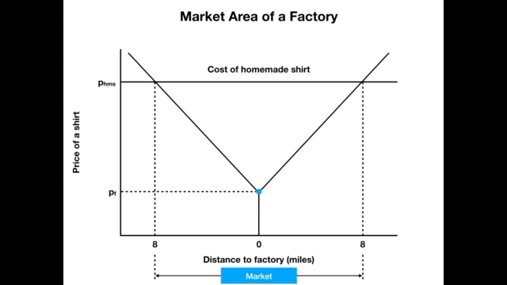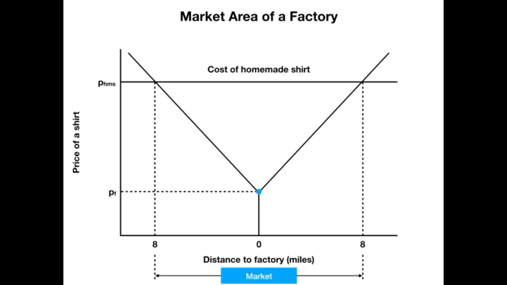So on 8 miles either side of the factory, or if you do this as overhead, an 8-mile radius around the factory, for those households it's cheaper to incur the transportation costs and the opportunity costs and physically go to the factory and buy the shirt than it is to produce the shirt at home.